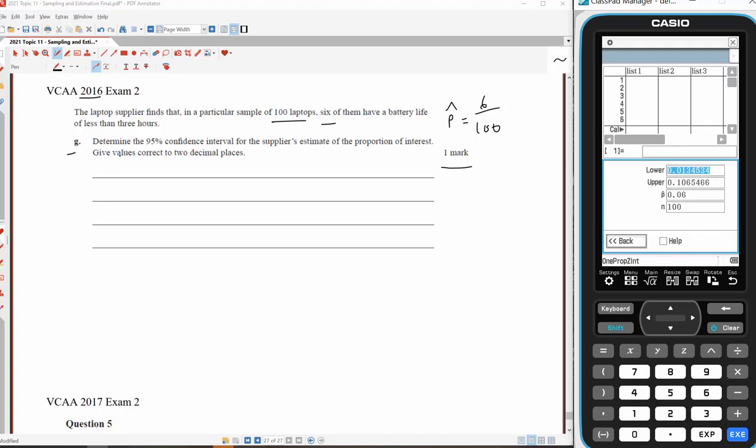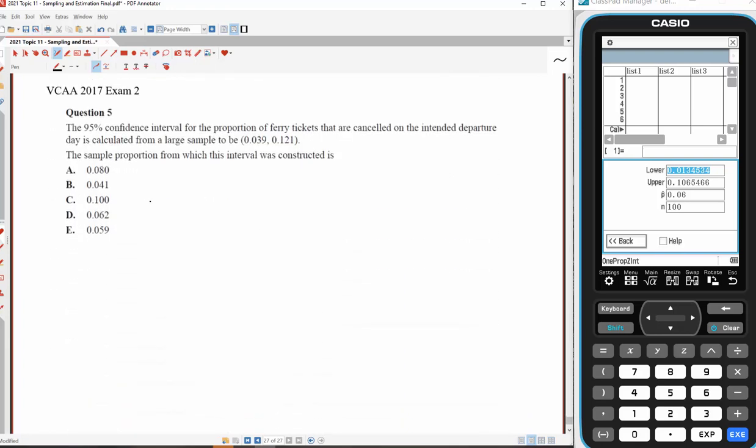And there's our interval. To 2 decimal places. Done. Right, so surprising that they give you 4 lines of working out. Sort of implies that they want you to use the formula or something. You could use the formula, but there's no need. Just slam it into the calc, 1 prop Z. That's what it's there for.